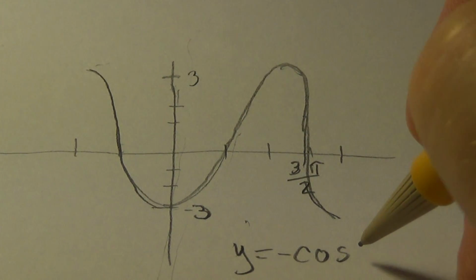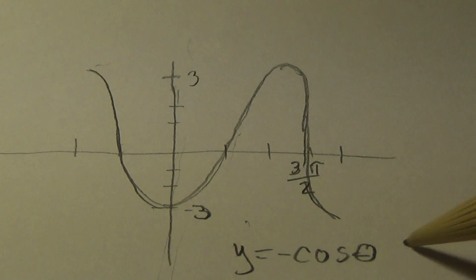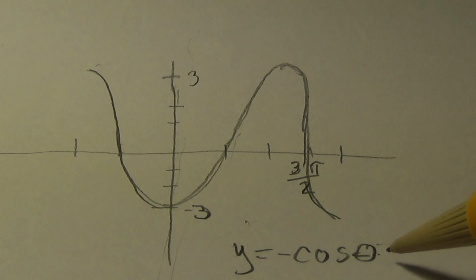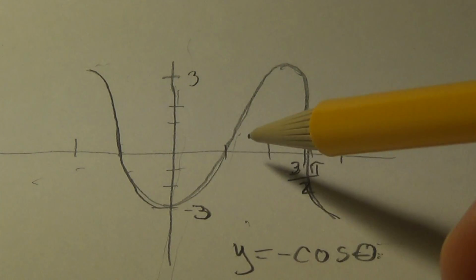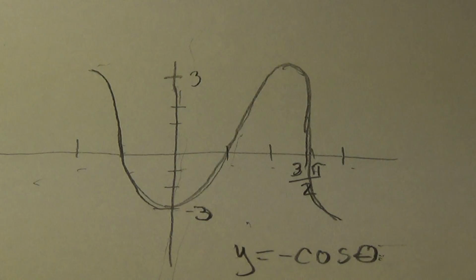So right from the start, I'm going to put minus cosine theta. And that variable can be an x. It can be anything, but I've been training you with theta and x. Those are our values for x along the x-axis. So we have negative cosine theta, but that's not the end of the story.